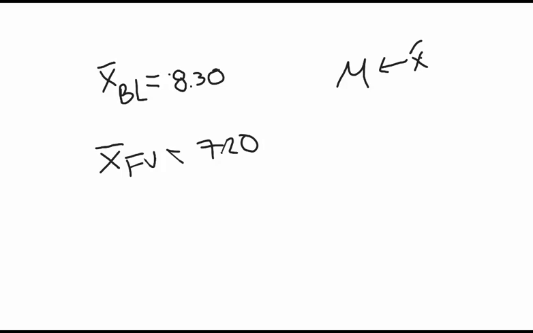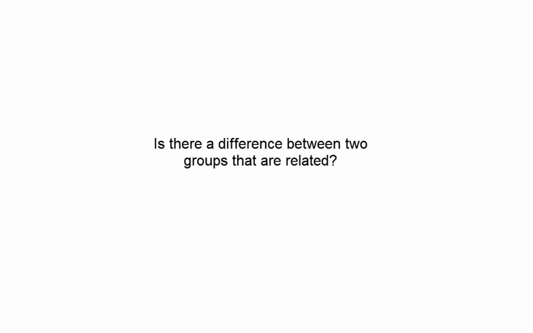Most of the time, however, in public health, we're going to be dealing with baseline and follow-up scores, or pretest and post-test scores. Anytime we want to compare two means that are related to each other, we have to calculate a paired samples t-test. This test is going to tell us whether or not the two groups are statistically different from one another.